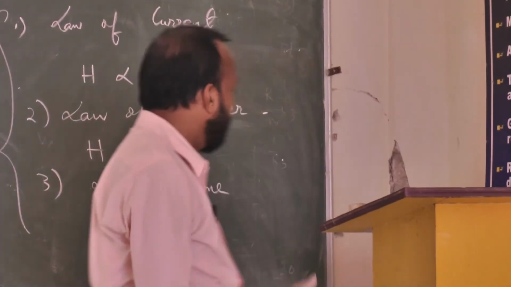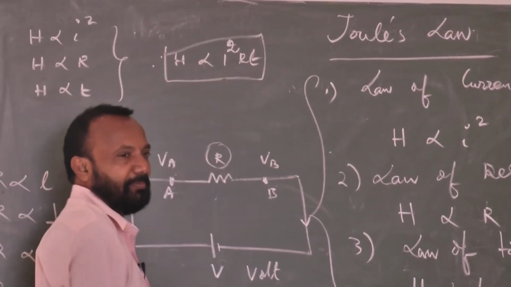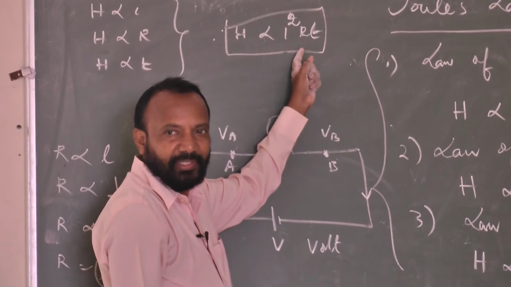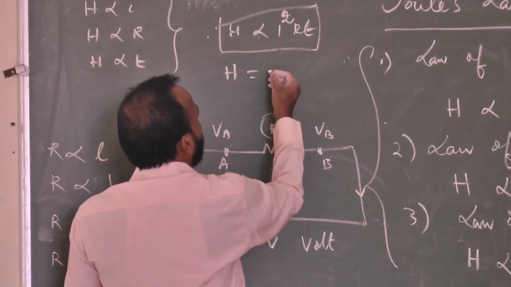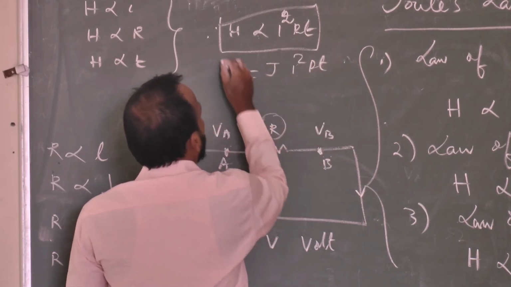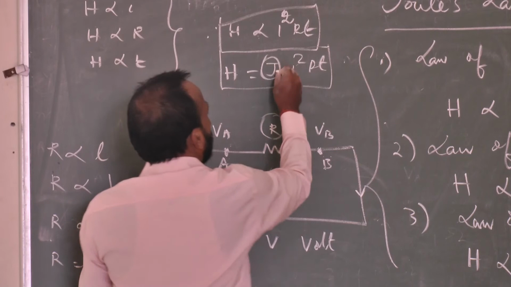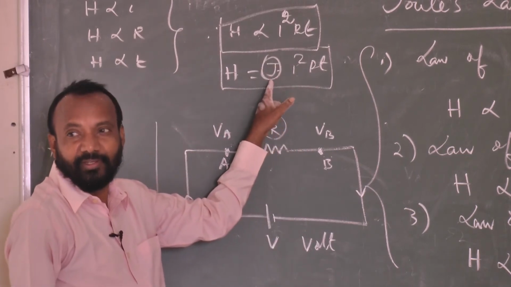So here the constant of proportionality, I will use it: H equals J I square RT. So J is Joule's mechanical equivalent of heat. What is J?